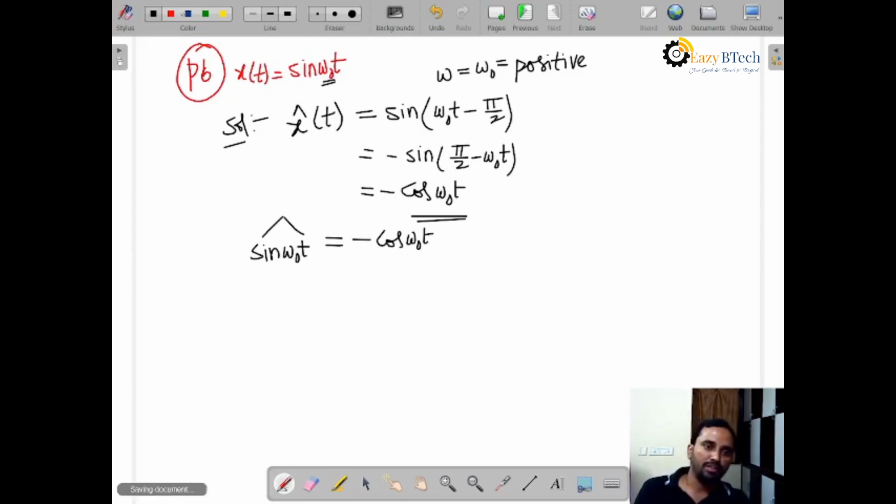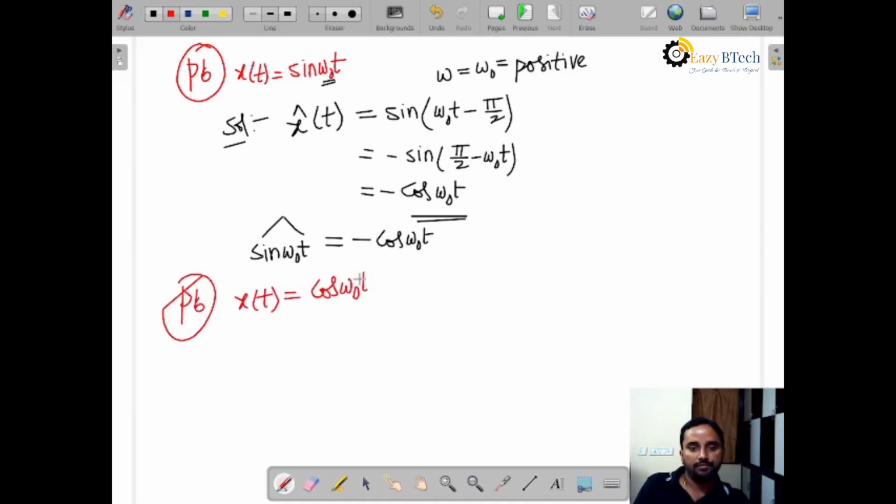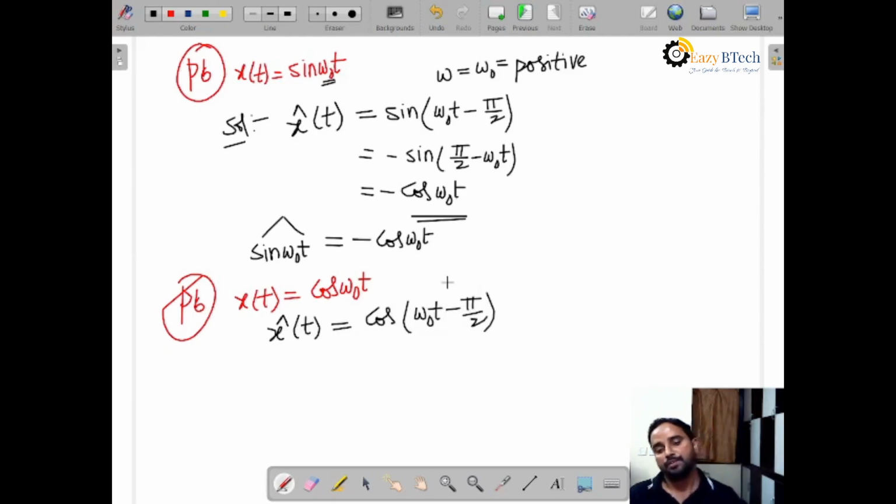Similarly, we can do the Hilbert transform of cos. What is the Hilbert transform of cos omega naught t? Very simple. Here also the frequency is positive, right? Therefore the Hilbert transform of x of t, x cap of t, is equal to cos of omega naught t minus pi by 2, a minus pi by 2 phase shift.